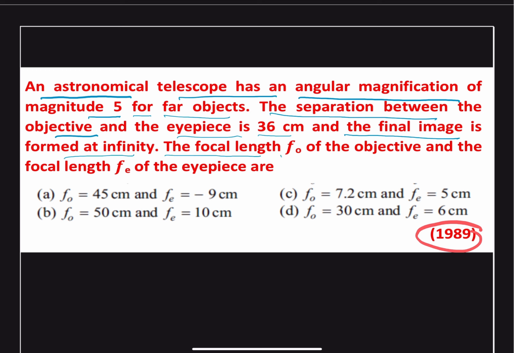The focal length f0 of the objective and the focal length fe of the eyepiece are? So in this case, we are going to find out the focal length of the eyepiece and the objective, with the final image formed at infinity.